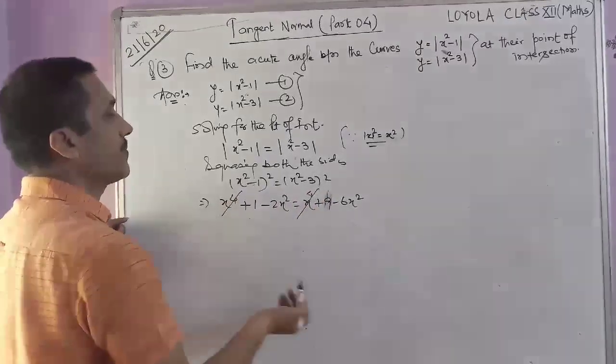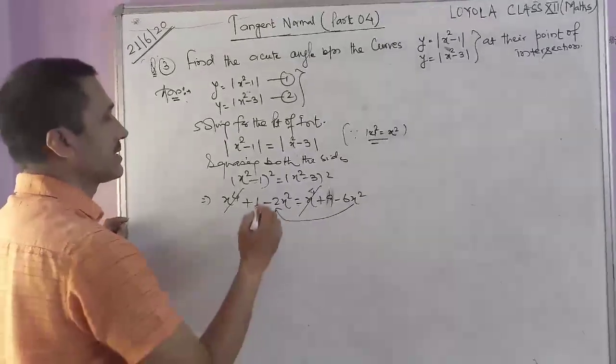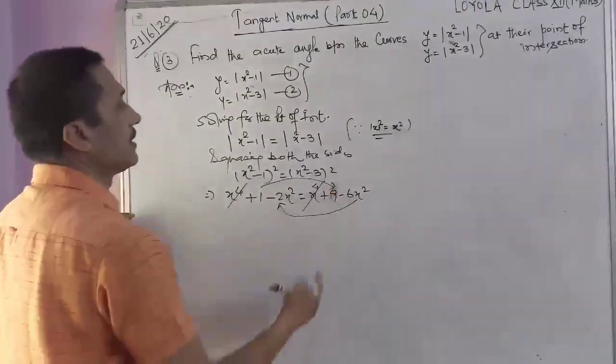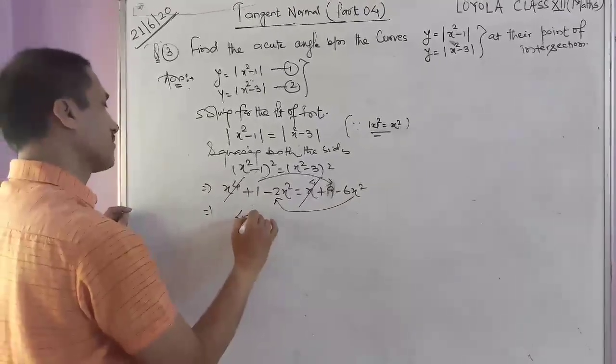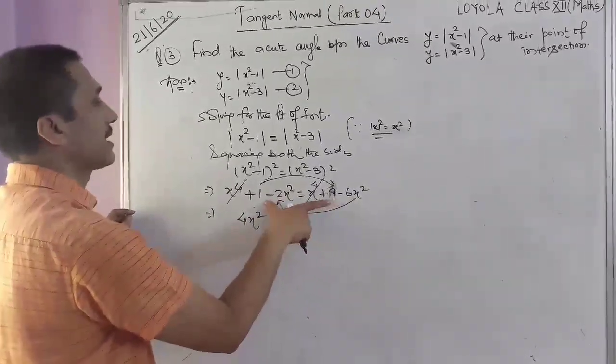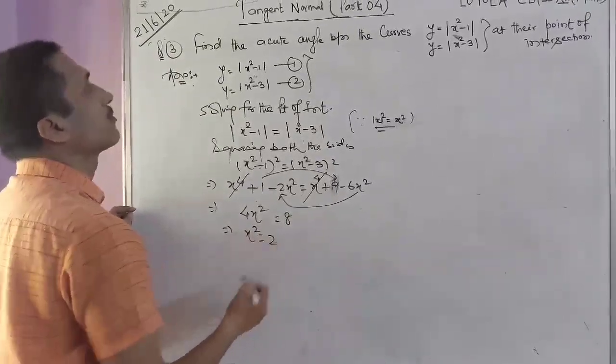Cancel these two, transposing this term to the LHS and 1 to the RHS: 6x square minus 2x square is 4x square, 9 minus 1 is 8, so x square equal to 2.